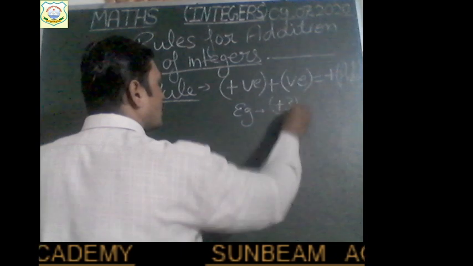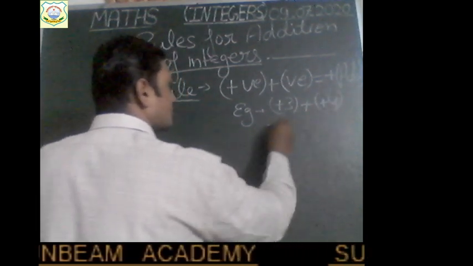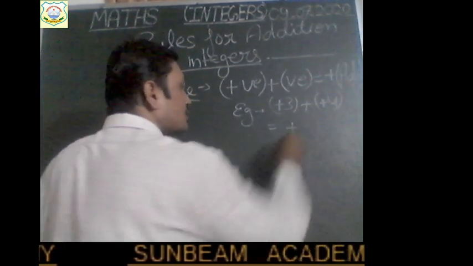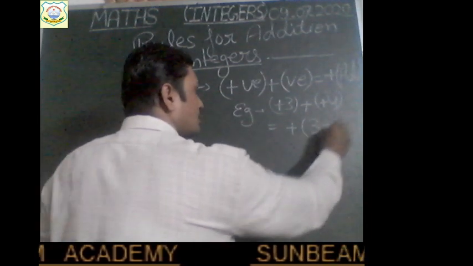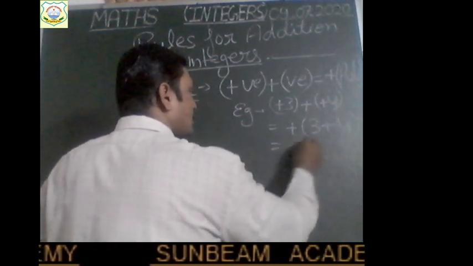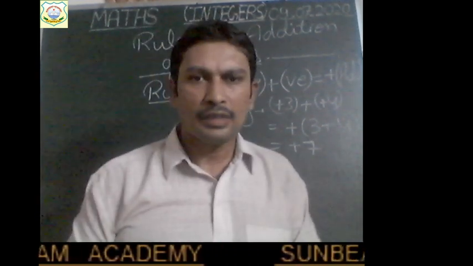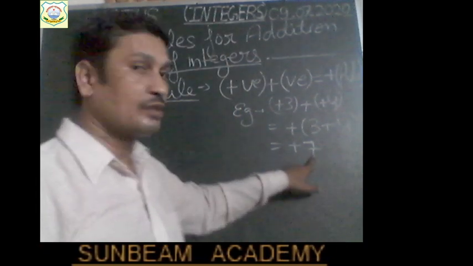+3 and +4. So obviously we will put a plus sign and add the integers. 3 plus 4. What will we get? +7. So simple. If the sign is the same, if both are positive, then their sum will also be positive.